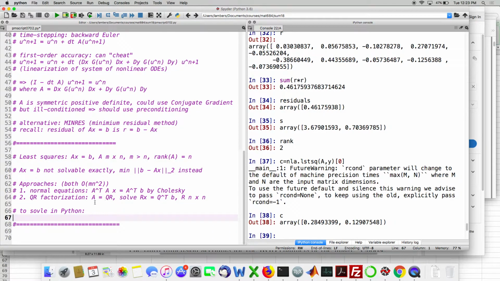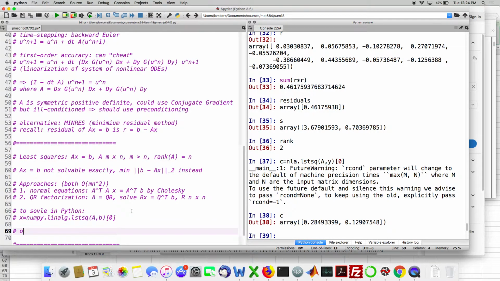So we generically switch from Ax equals b to x equals numpy.linalg.lstsq(A, b), and then if x is all you want, you take the 0 output.